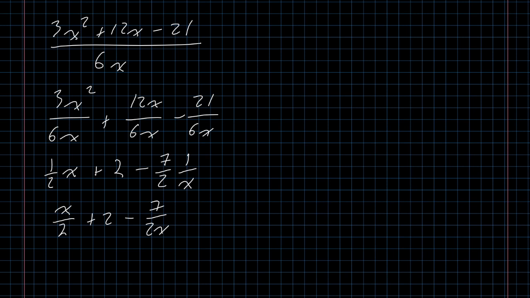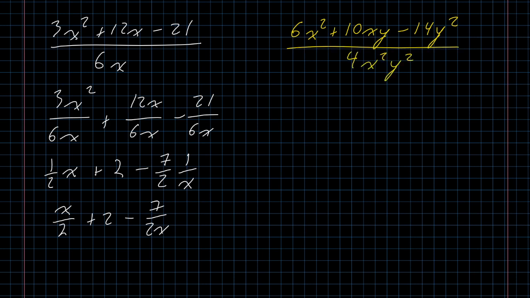Let's look at one more example here. 6x squared plus 10xy minus 14y squared all over 4x squared y squared.